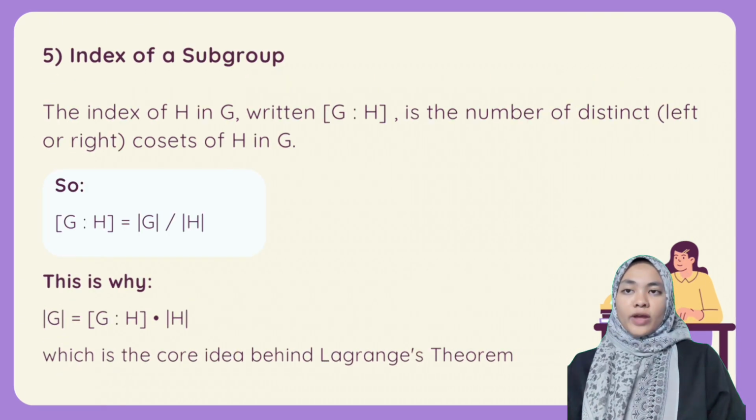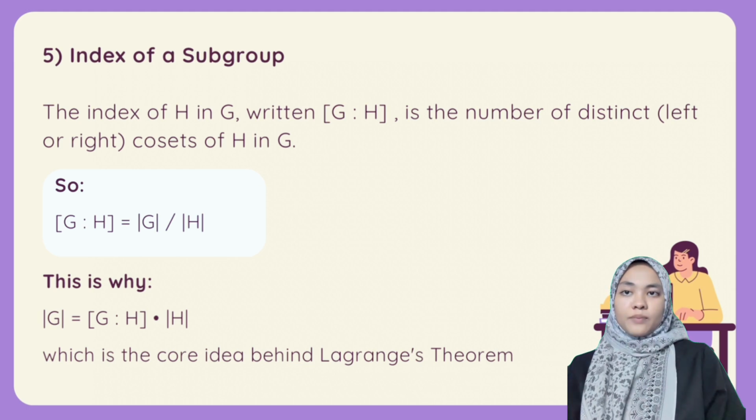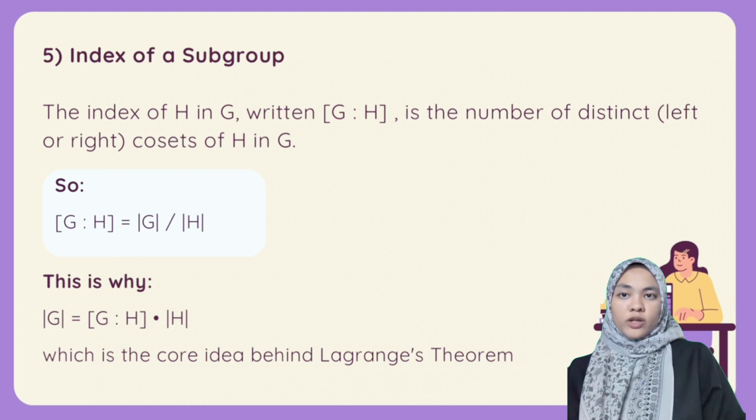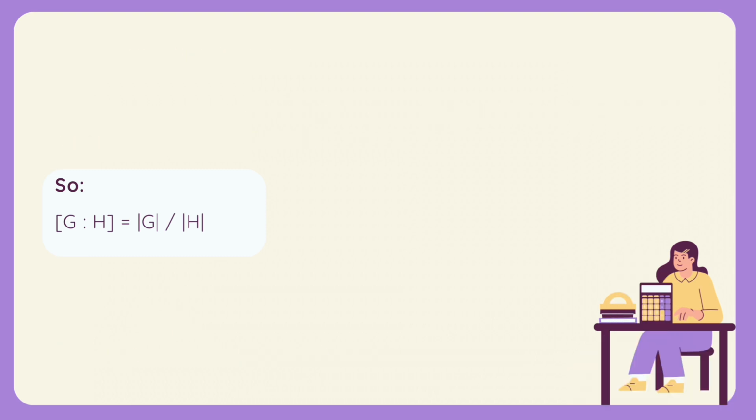The index of H in G is the number of distinct cosets, whether left or right, of H in G. So the index of H in G is equal to the order of G divided by the order of H. This is why the order of G is equal to the index of H in G multiplied by the order of H, which is the core idea behind Lagrange's theorem.